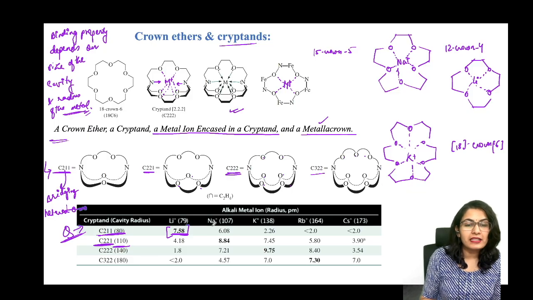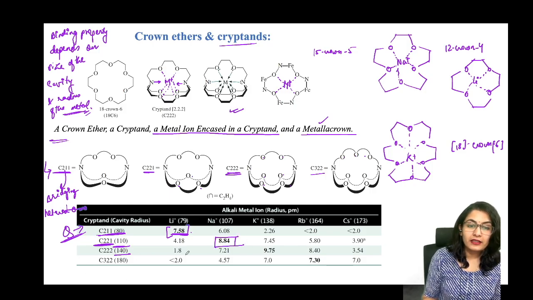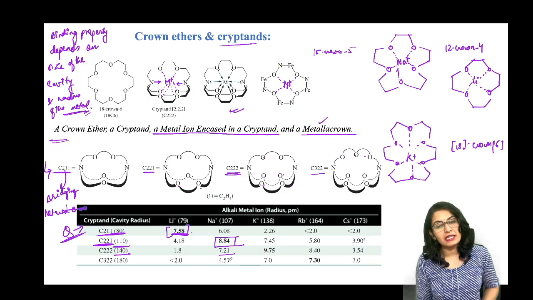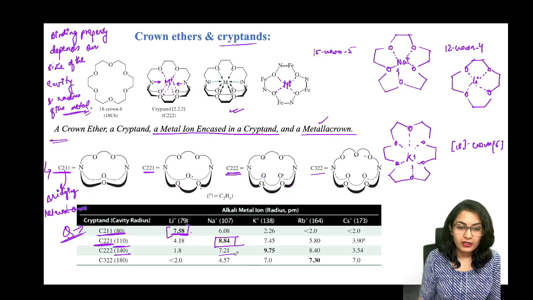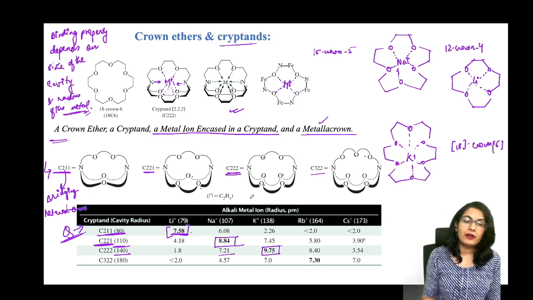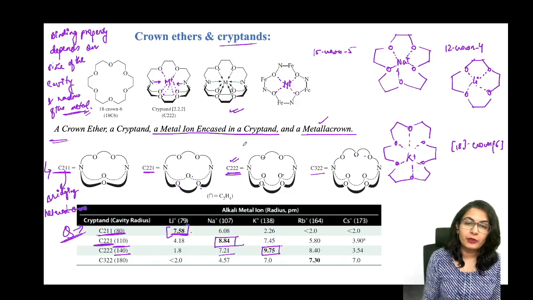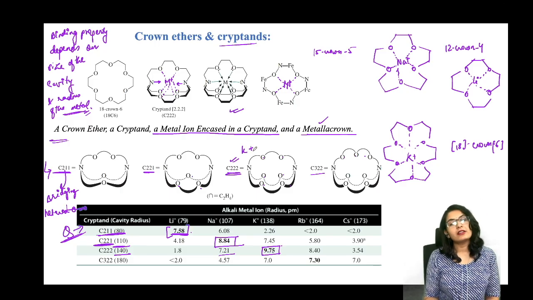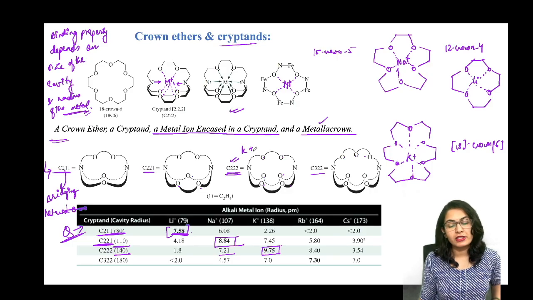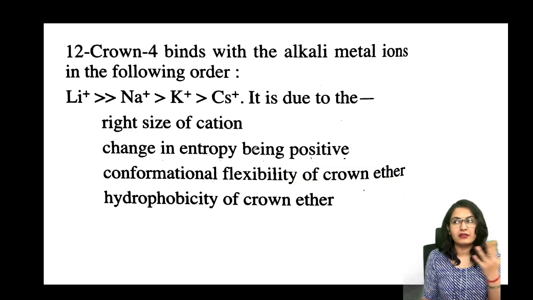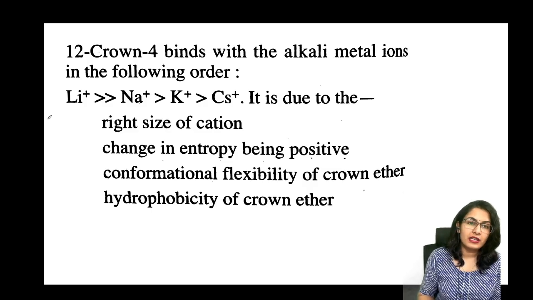So look, this was 80, this is 7.58, 110, so it is 8.84, 140, 7.21. So basically these are picometers, smaller radius. So this is how it is going to be for C222, potassium. Alright, so this is how it is 222. This is for potassium. Okay, so it was a very easy concept, nothing huge about it. Just remember the cavity and the size of the radius, size of the atom.